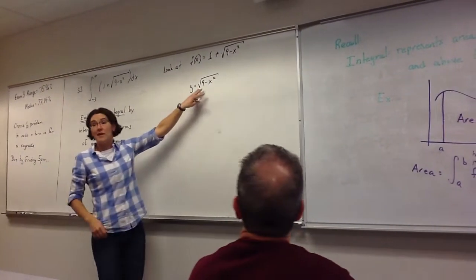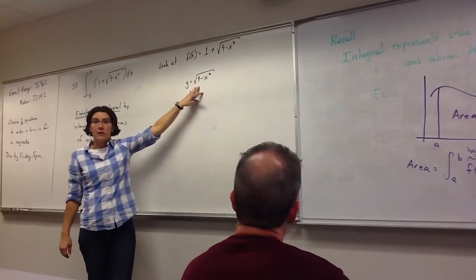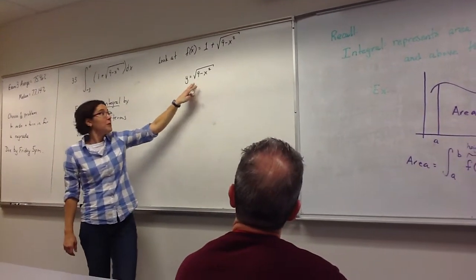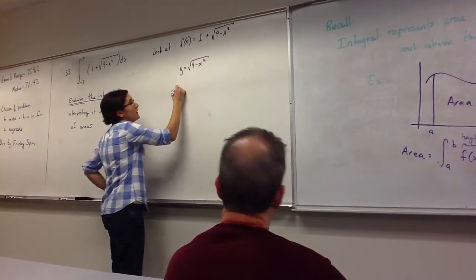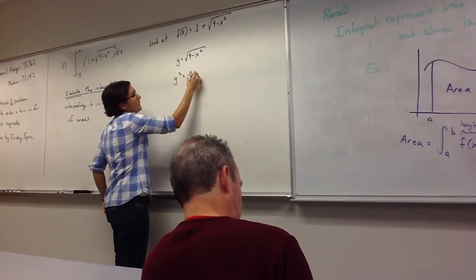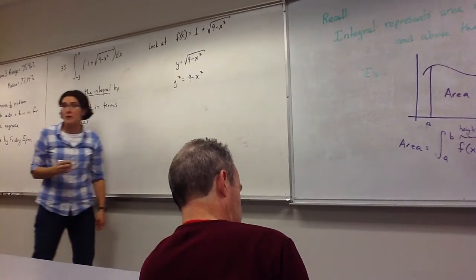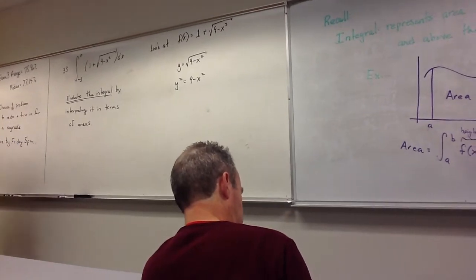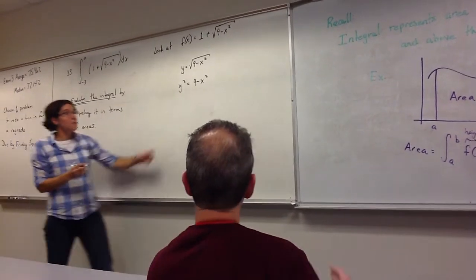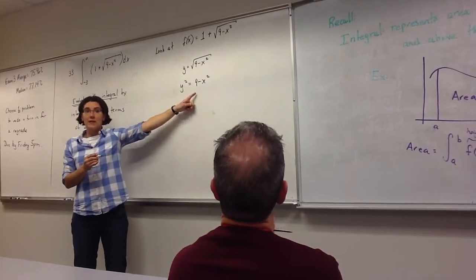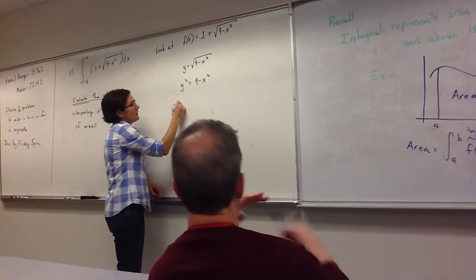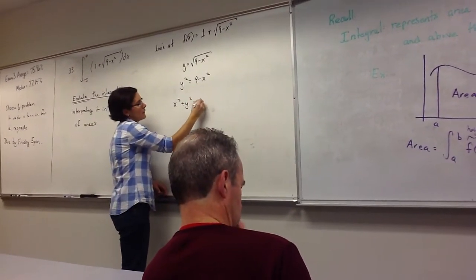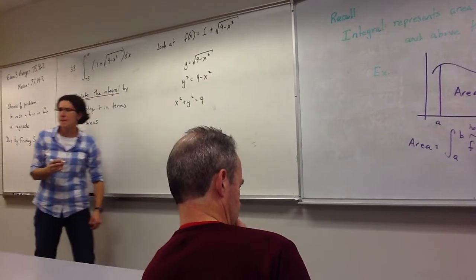Now, if I want to know what this looks like, this form is not very nice, but if I square both sides, then I have y squared is equal to 9 minus x squared. And if I move that x squared over, I've got x squared plus y squared is equal to 9. It's a circle.